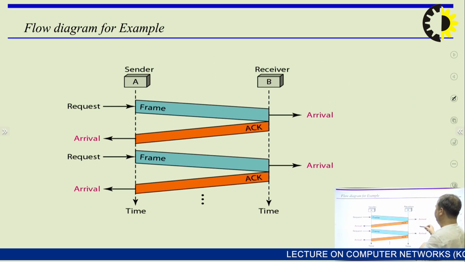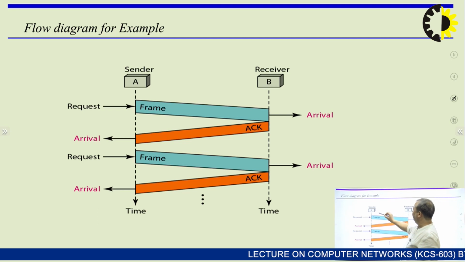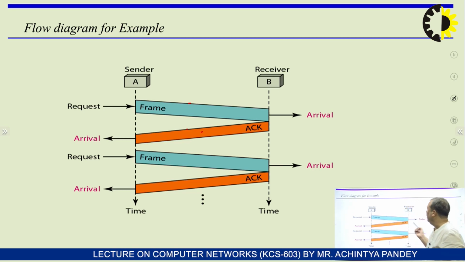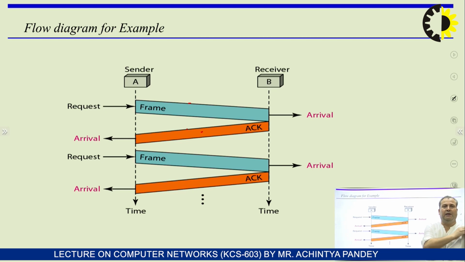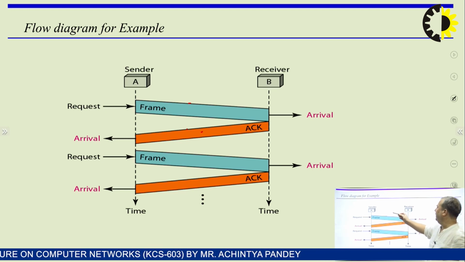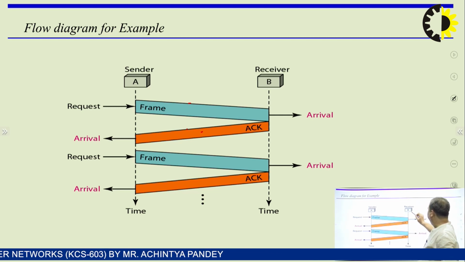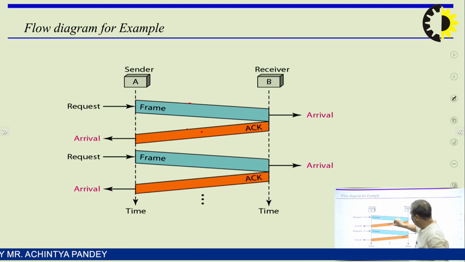Stop and wait means the sender will stop sending another frame until the acknowledgement of the previous frame is received. This is the meaning of the stop and wait protocol. For example, A is sending a frame, B has received it, and from the receiver an ACK message comes to the sender.